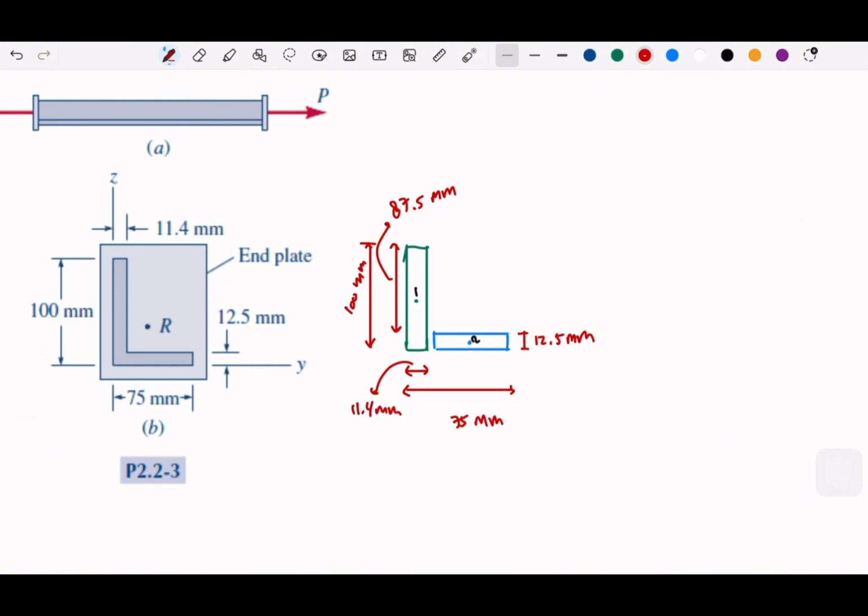Which means the rest will be 75 minus 11.4. So for this type of question, you need to observe every distance geometrically. So this will be 63.6 millimeter.